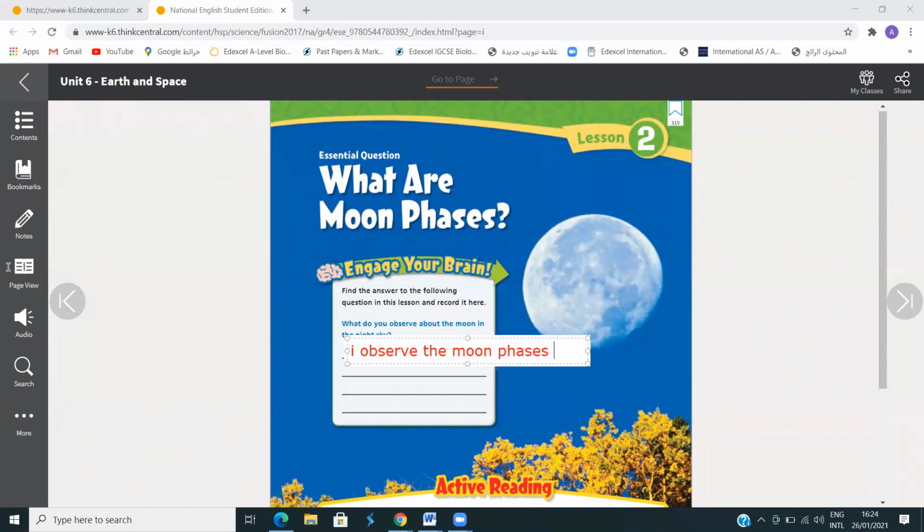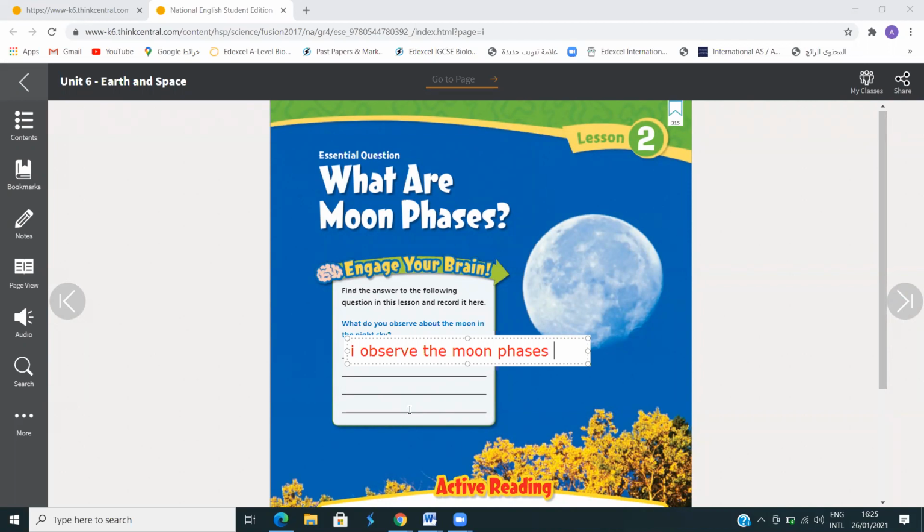I will write, then you write with me. Observe the moon faces. We know that the moon has different faces, according to its rotation around the Earth.